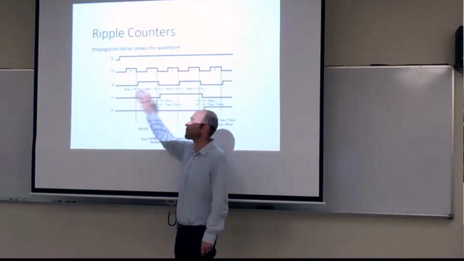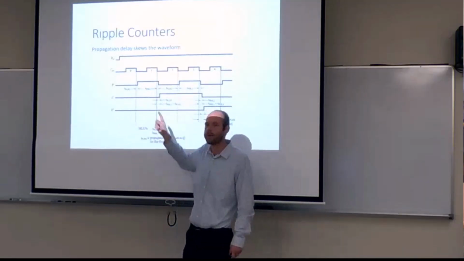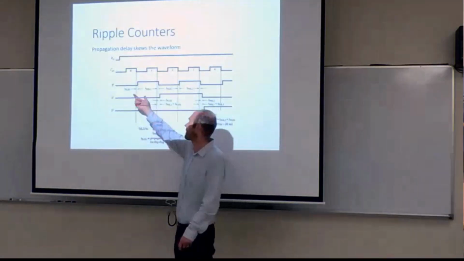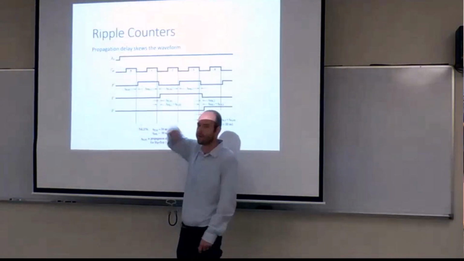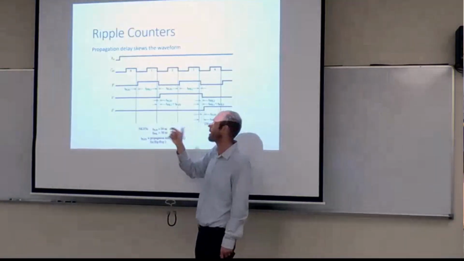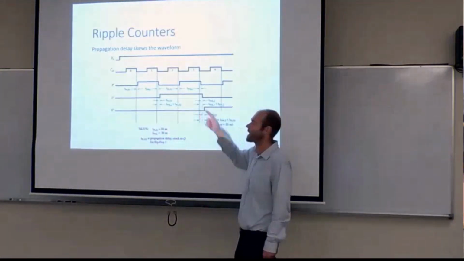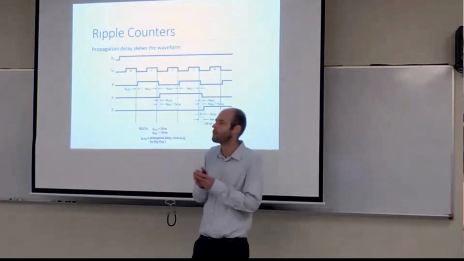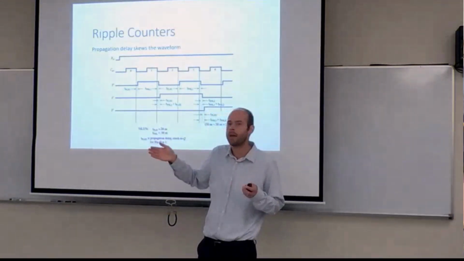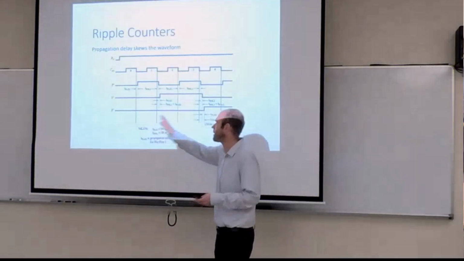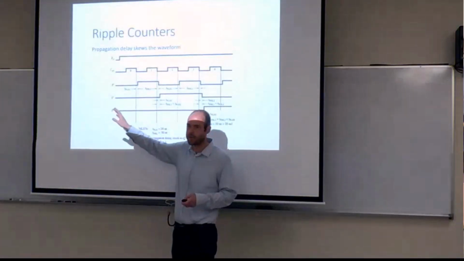And with a ripple counter, where each flip-flop drives the next, those propagation delays compound. So if your first flip-flop has 1 propagation delay, the second one is now 2 delays behind the clock signal, and the third bit is now 3 delays behind the clock signal. And so ripple counters do reach a point where they cannot have more bits because it's still updating when the clock signal might change again.